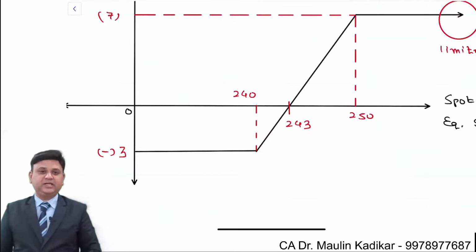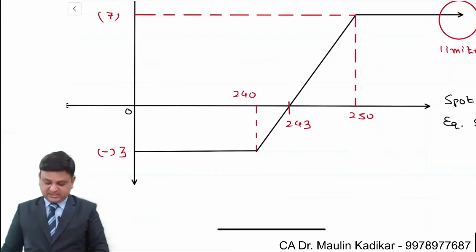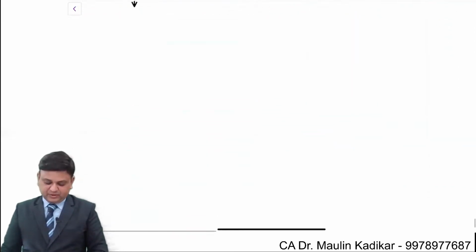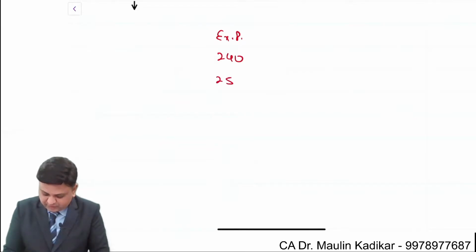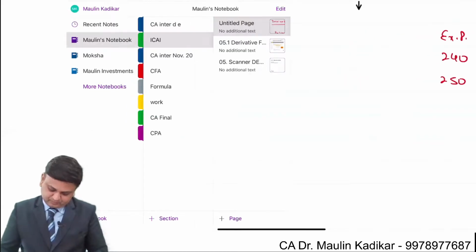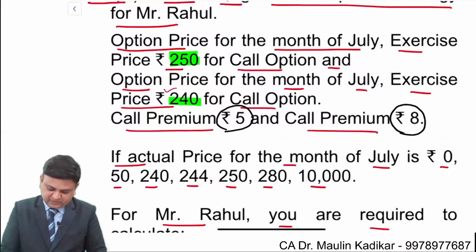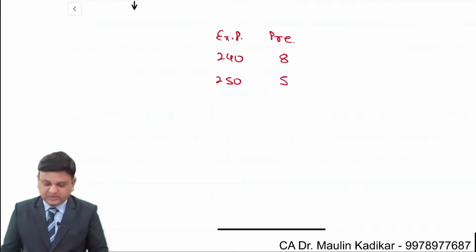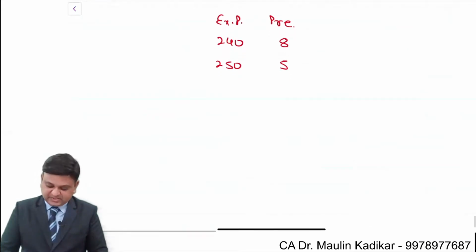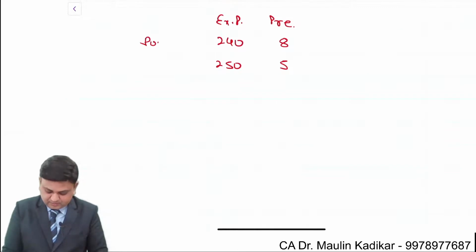One more important thing that all of you must have observed. Listen to me carefully now. There are two exercise prices, 240 and 250. The premiums over here are 8 and 5. Now let's say you purchase this one and you sell this one.